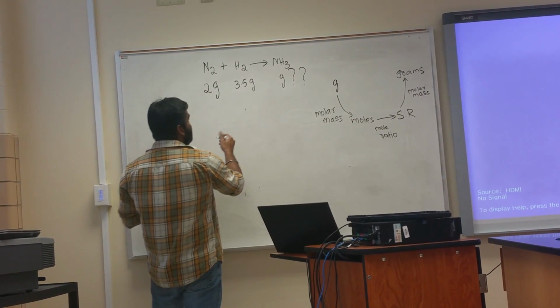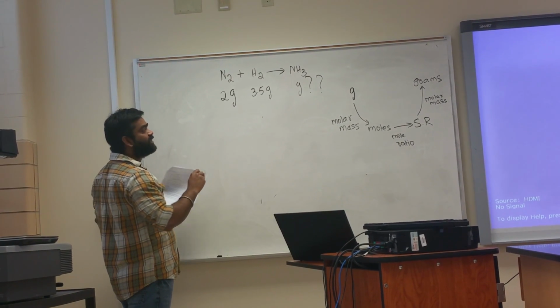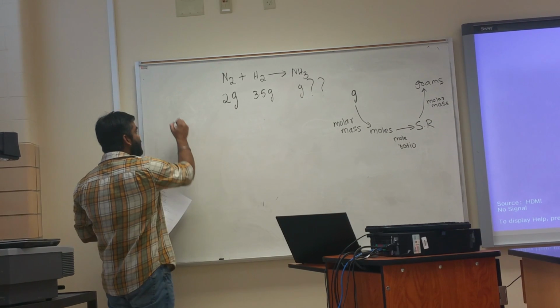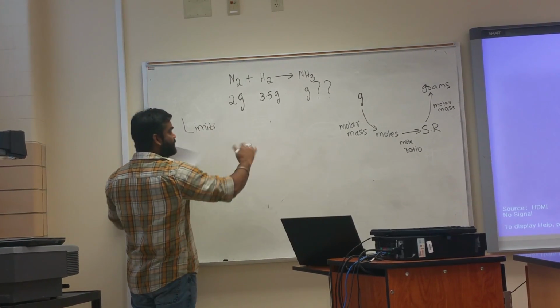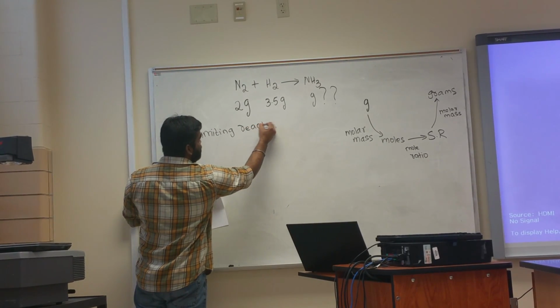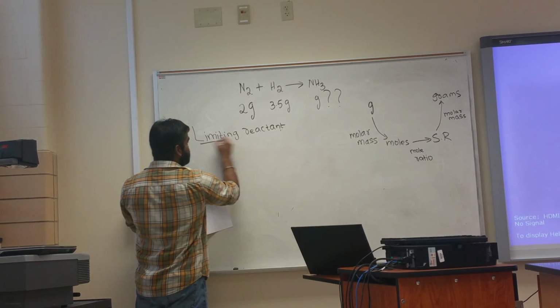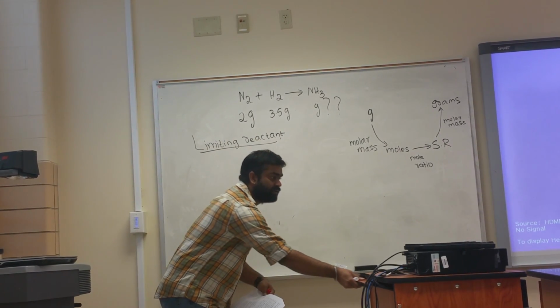All right, so if the question doesn't say excess, it is a limiting reactant problem. We're going to do this in 2 spaces because I don't want you to look below the table and get distracted by that. So I am going to close this as well so someone can see it.